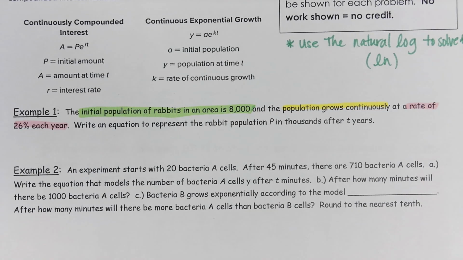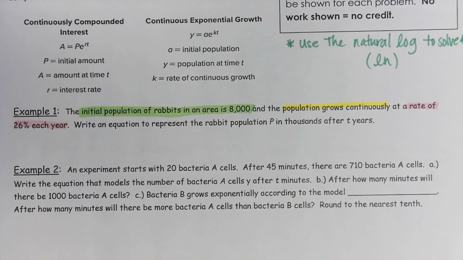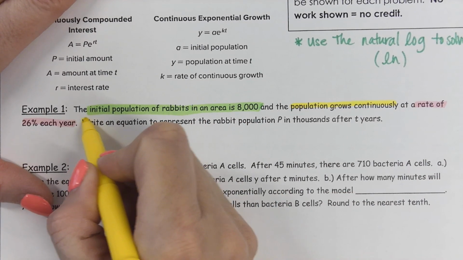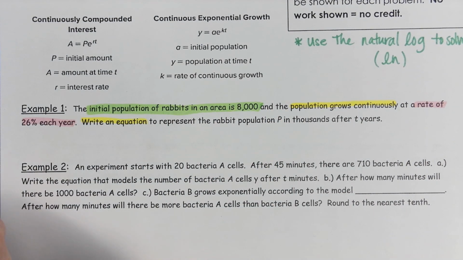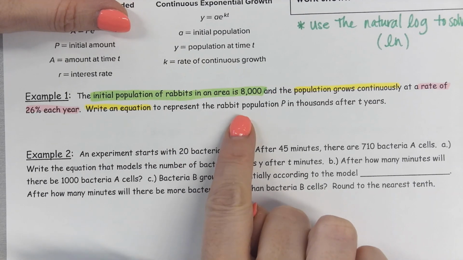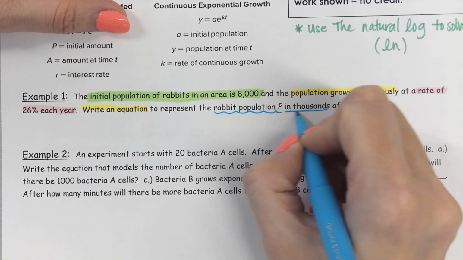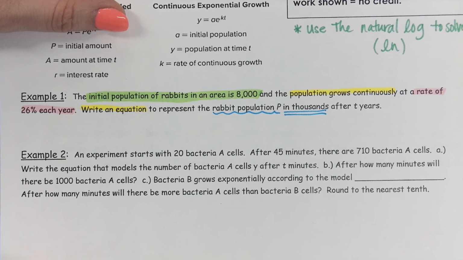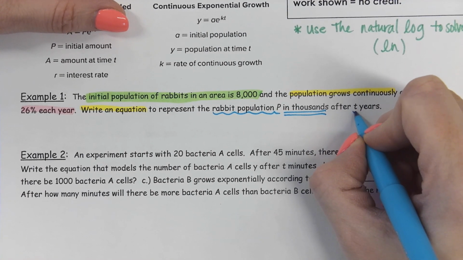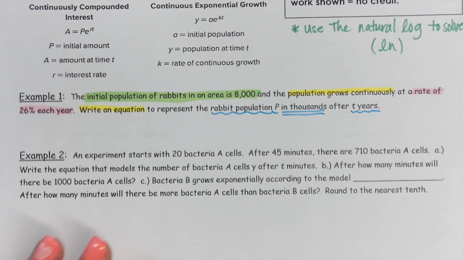We have to write an equation that represents the rabbit population P in thousands after T years.